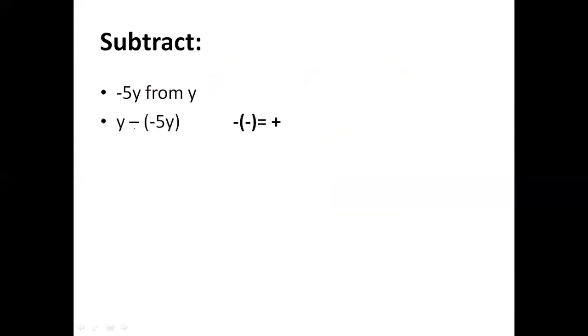So it will be y minus, that is because we are told to do subtraction. So minus, and we are given minus 5y. Now children, we know that whenever we have minus into minus it will give me plus. So this will turn out to be y plus 5y, which will be equal to 6y.